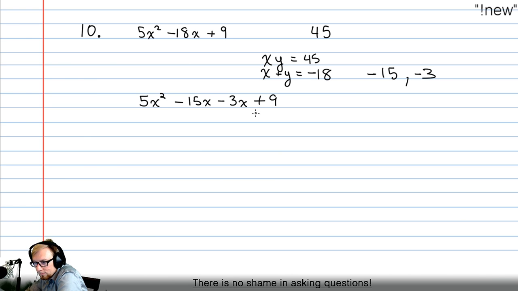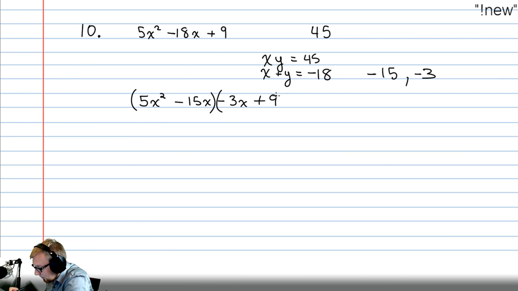5x squared minus 15x and minus 3x plus 9. So say that again. You were a little hard to hear. You group 5x squared and negative 15x. And you group negative 3x plus 9. Okay, cool.